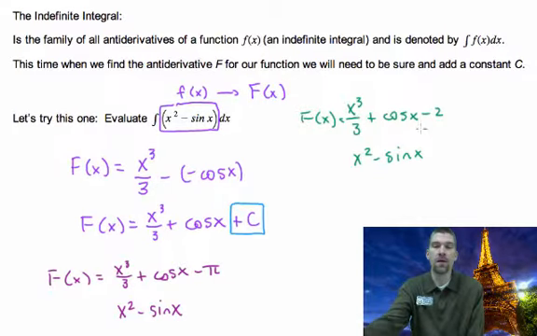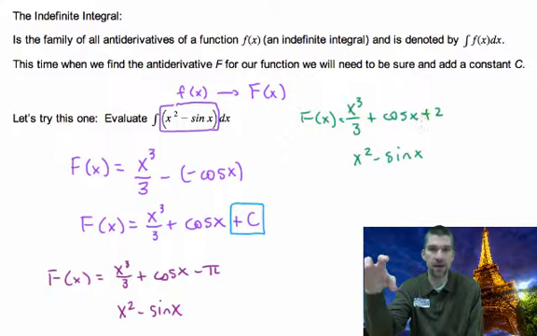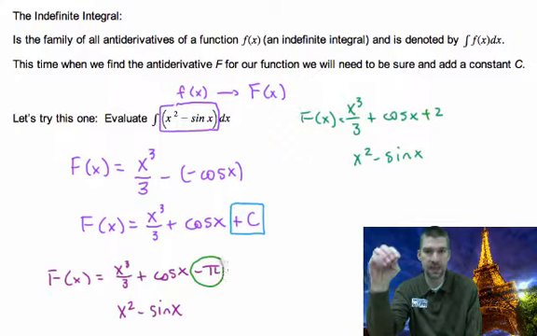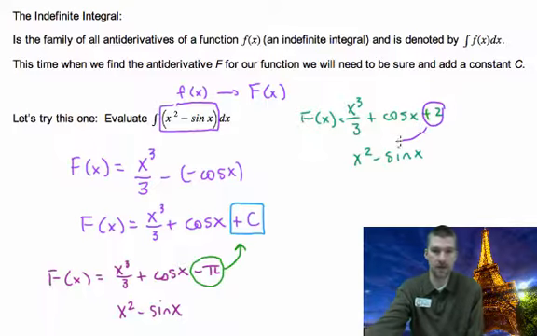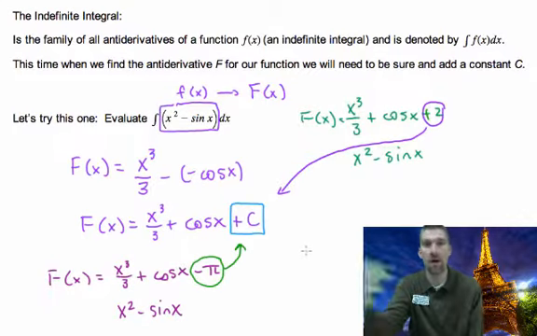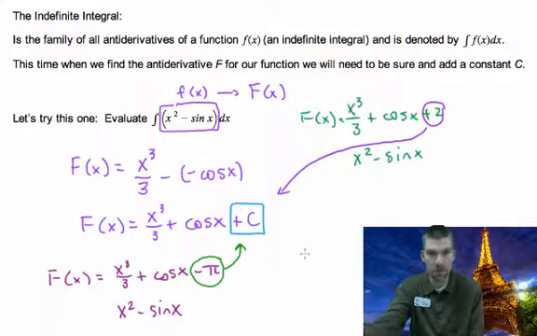So that's the c value that we have to have every time we look at the antiderivative. The negative pi is c. That 2 right there is c. And the derivative of all of those is always going to be 0. So we just have to represent all the possible things that c could be in this way.